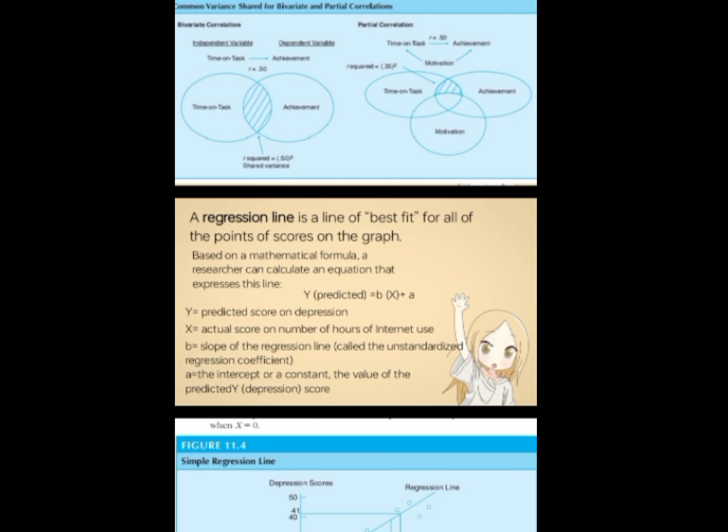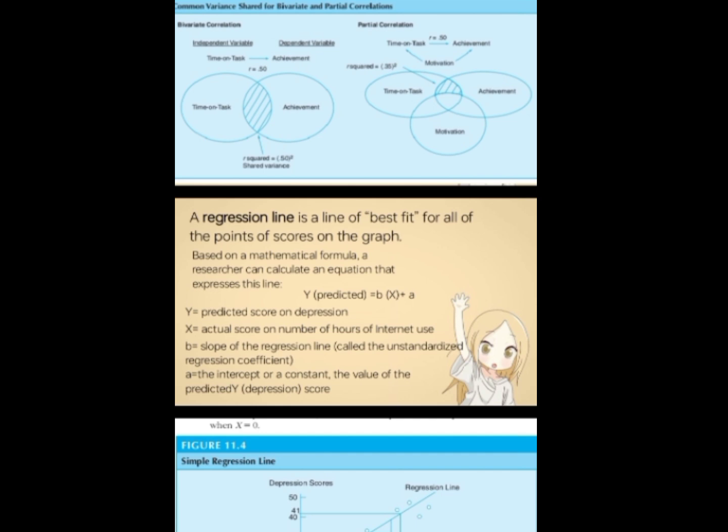Examine Figure 11.3, which shows a bivariate or two variable correlation on the left hand side and a partial three variable correlation analysis on the right hand side. Assume that a researcher conducts a study correlating time on task with achievement for middle school children.